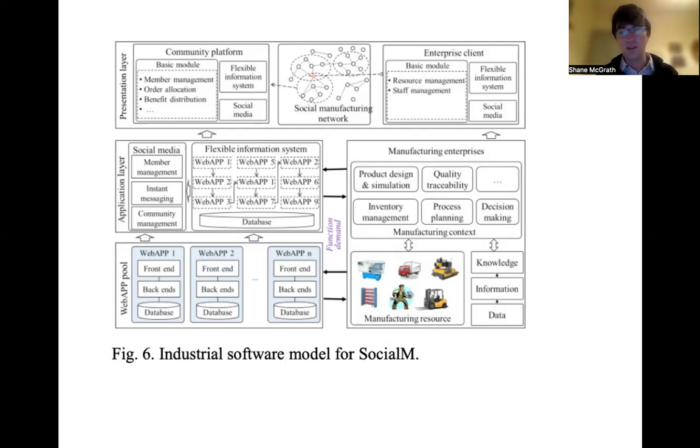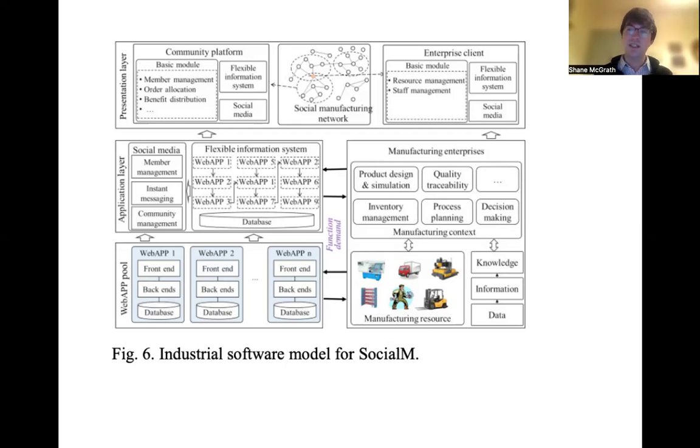That is crucial because it is social manufacturing and not quite like cloud manufacturing. Cloud manufacturing can be incorporated into a system that looks like this. There's all sorts of resource and staff allocation, and flexible information systems.